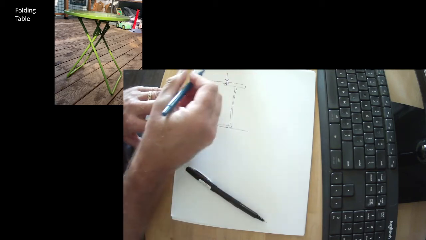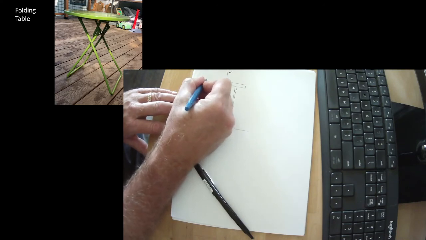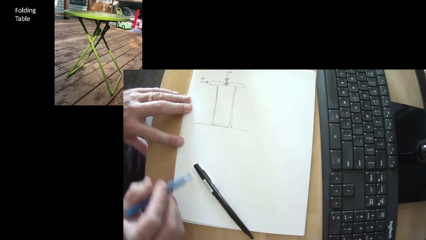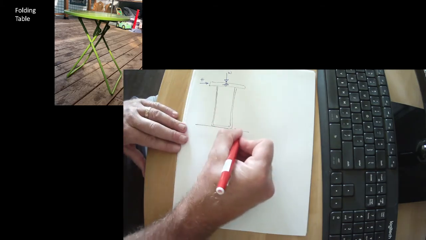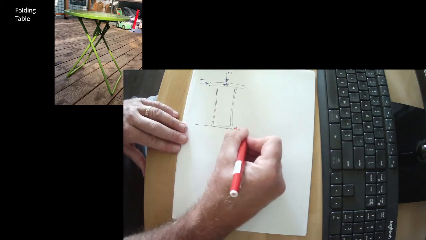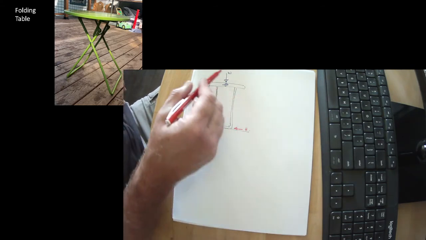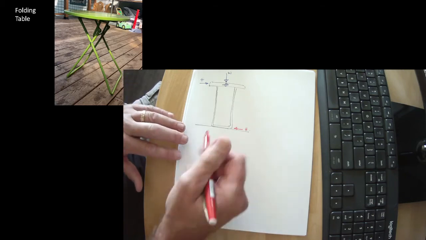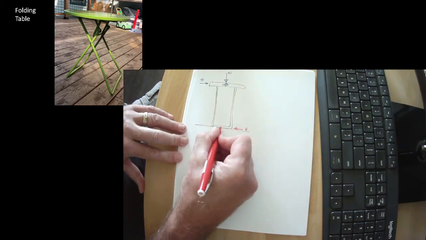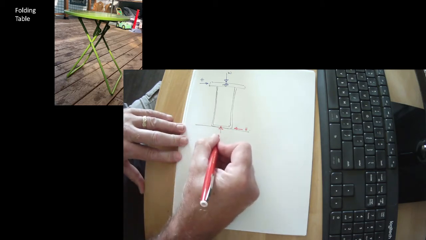We have weight, we have wind, horizontal force. The simple part, we know the horizontal force is resisted by friction under the legs, so that's fine. We know that the weight we can represent with a resultant here.